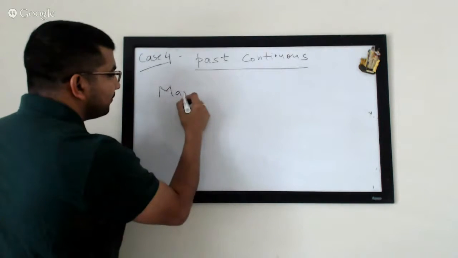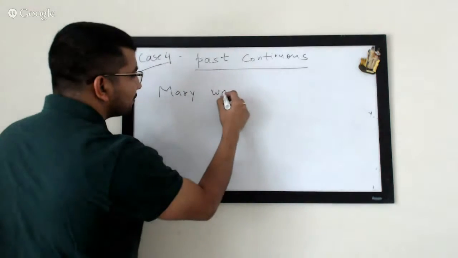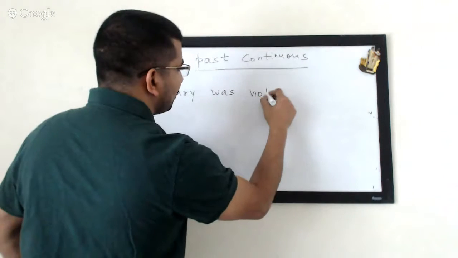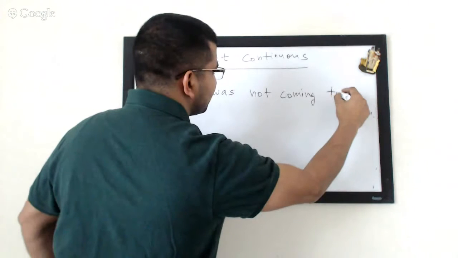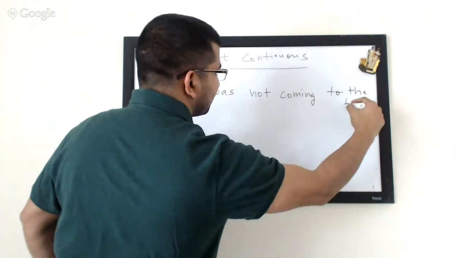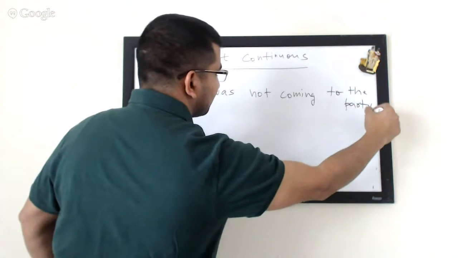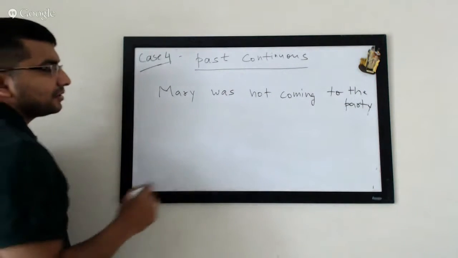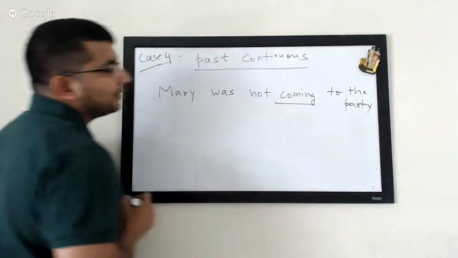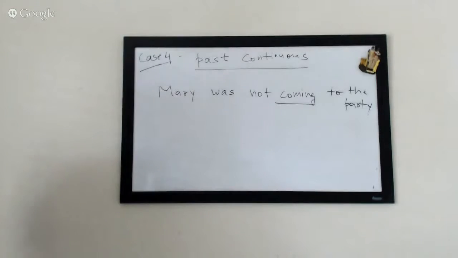Mary was not coming to the party. That is the past continuous sentence, right?